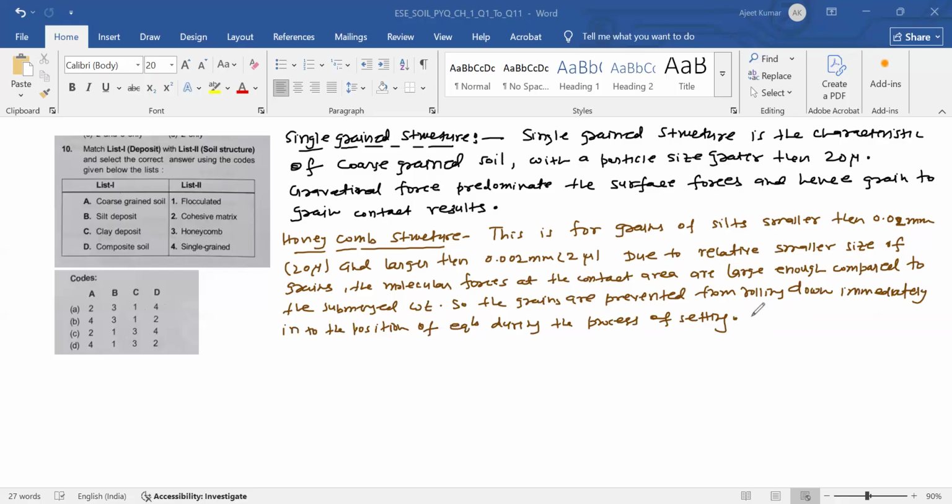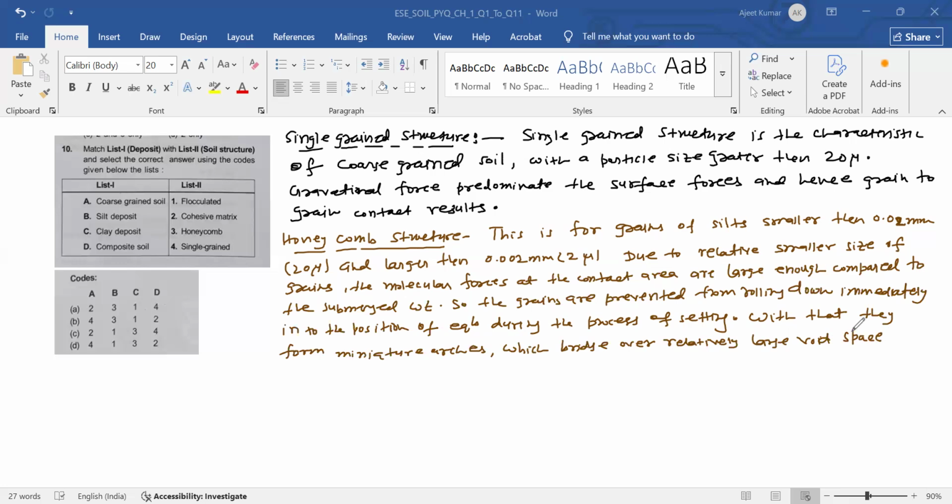With that, they form miniature arches which bridge over relatively large wide space.